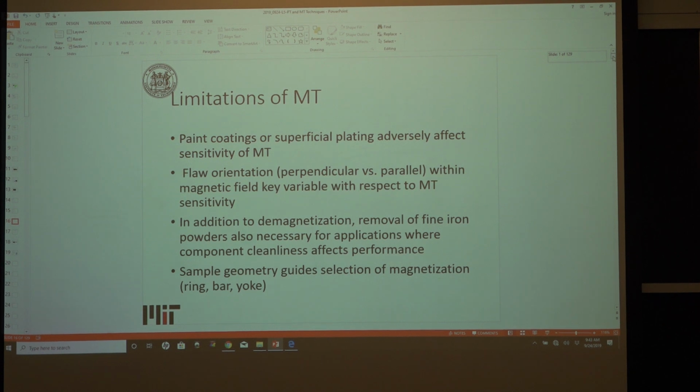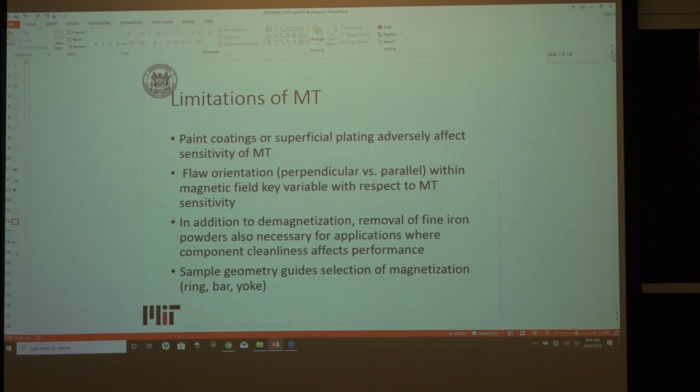Limitations of the technique. If you are an LNG tanker, so liquefied natural gas, a lot of times they will use some type of fireproofing, or a paint coating over the base metal.